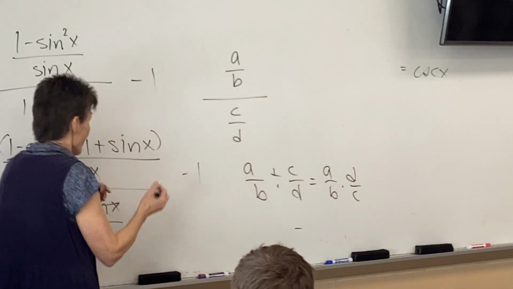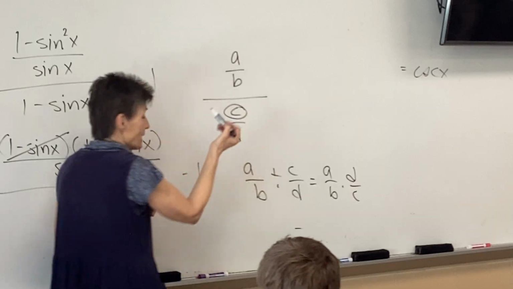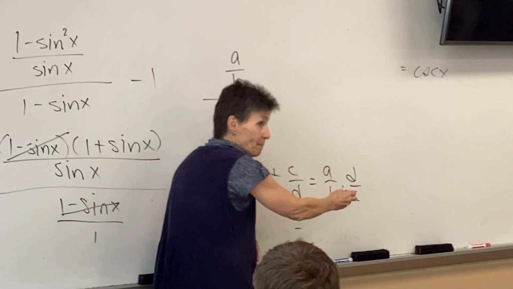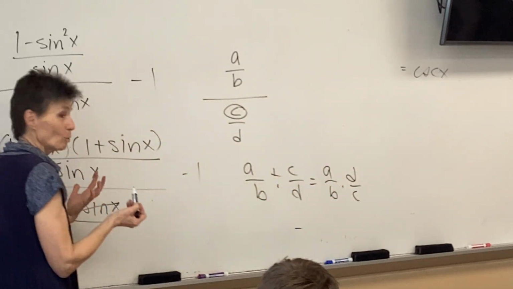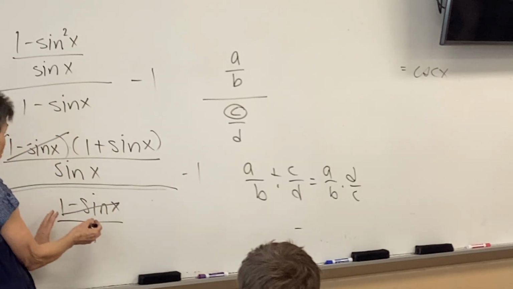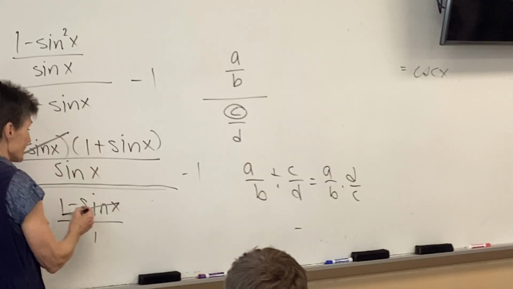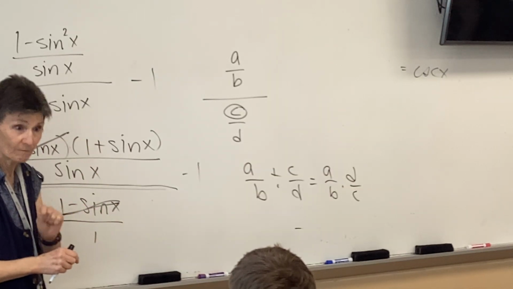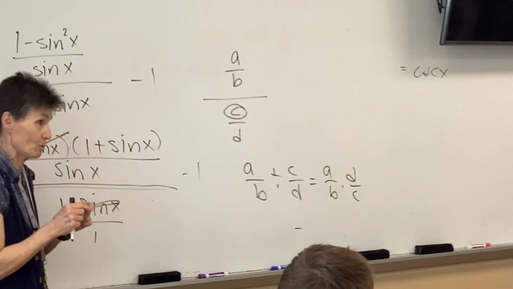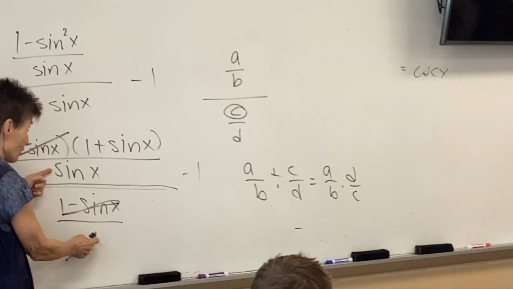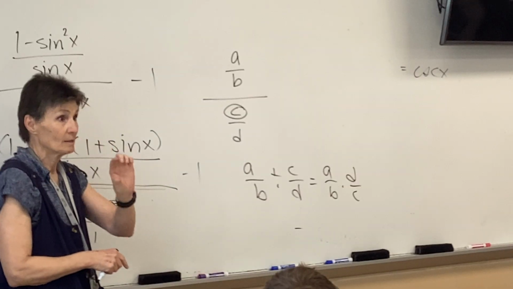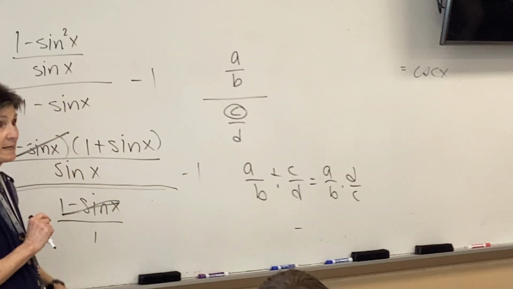So notice that what was the numerator actually ends up in the denominator. And so the general rule is if you have a big fraction over another fraction, if you have the same thing in the numerators of those two fractions, you can cancel them out. If you have the same thing in the denominators, so nothing cancels here, but if there'd been a sine here, I can cancel those out. So if they're in the same position on the top fraction and the bottom fraction, they're going to cancel.